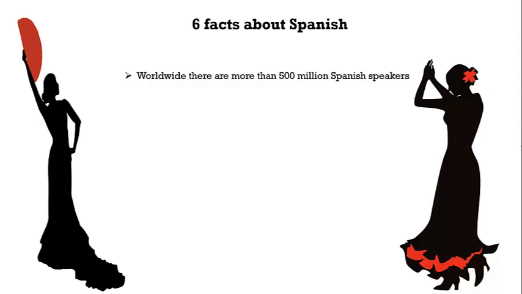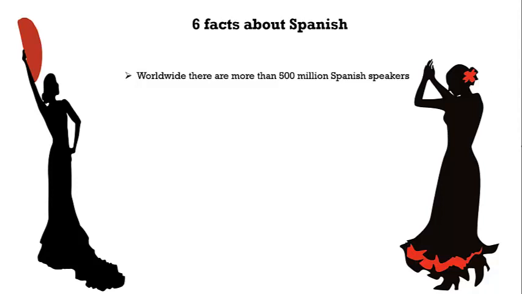In addition to speaking in Spain, it is the official language of all South American countries except Brazil and French Guiana, the 6 republics of Central America, Mexico, Cuba, Dominican Republic, and Puerto Rico. Likewise, Spanish is spoken in certain parts of Morocco and on the west coast of Africa and in Equatorial Guinea.